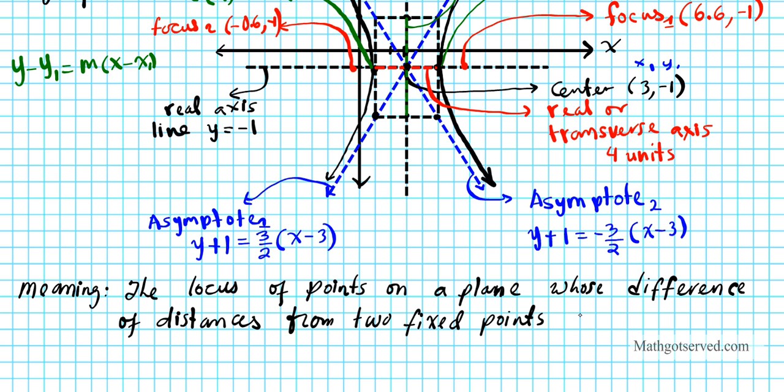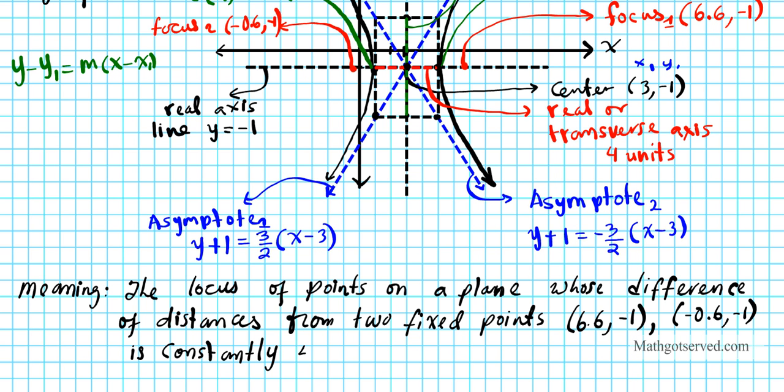From two fixed points, f1, which is 6.6, comma negative 1, and f2, which is negative 0.6, comma negative 1, whose difference of distances from the two fixed points is constantly the length of the transverse axis, side to side, 4.